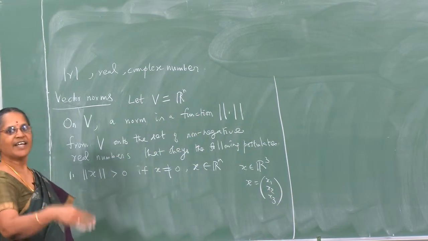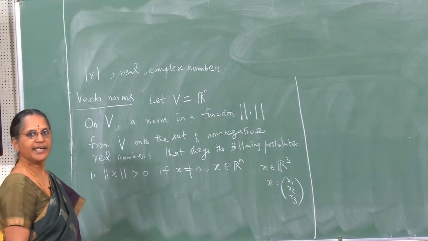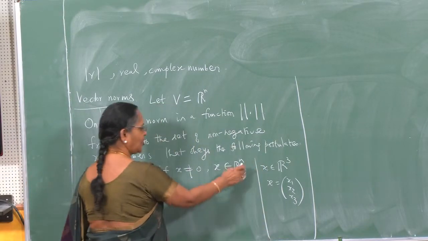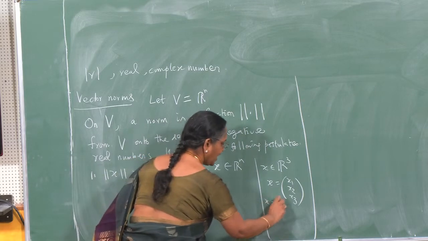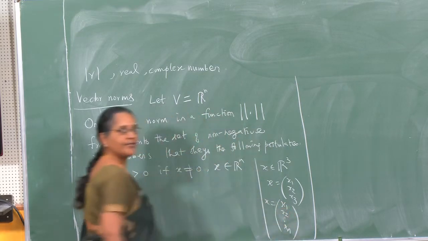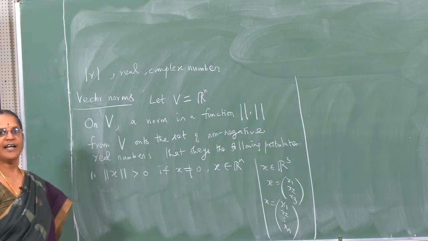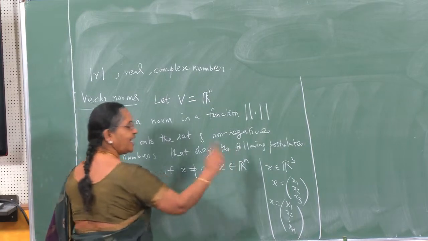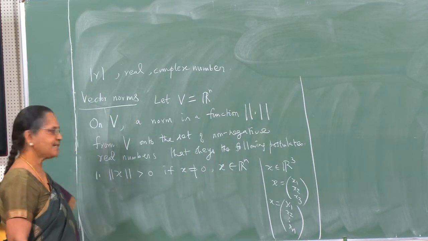So, x is a vector in the 3-dimensional Euclidean space. That is what we mean. So, here x belongs to Rn, and x will have components x1, x2, etc., xn. So, it has n components or it is an n-tuple, a point in the n-dimensional Euclidean space.